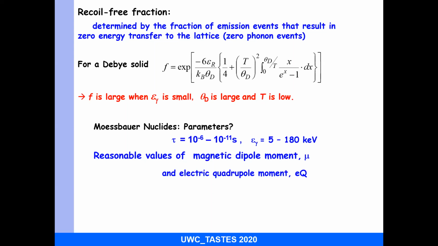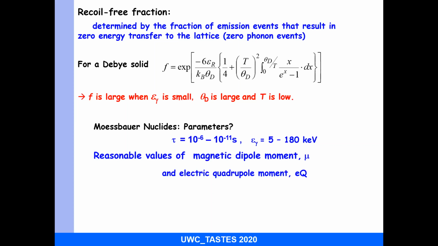What we see from that is that the recoil-free fraction is large when the gamma ray energy is small, because then the recoil energy is small, when the Debye temperature is large, and when the temperature at which you're doing the measurement is low. Okay.